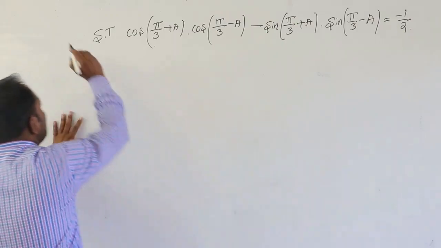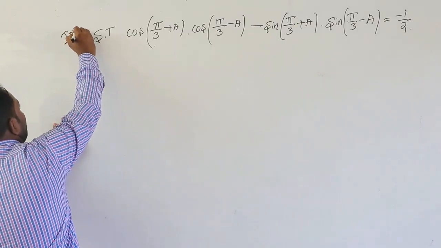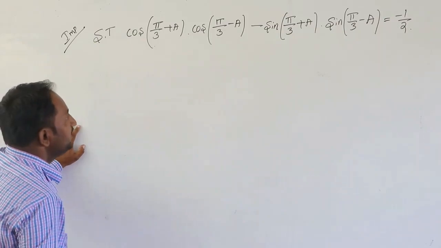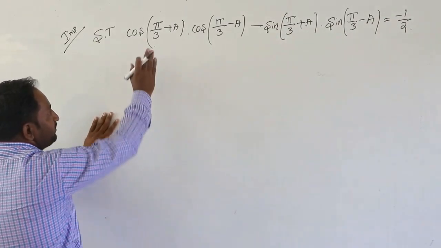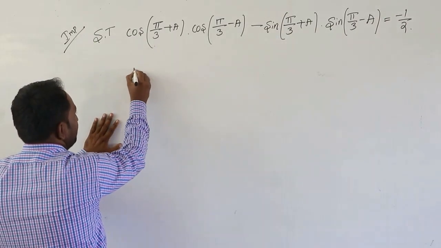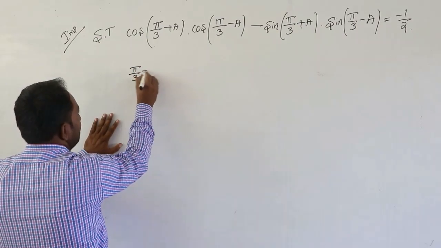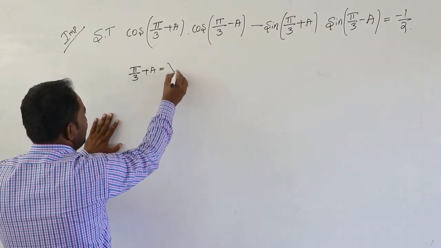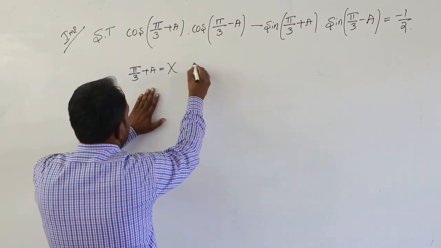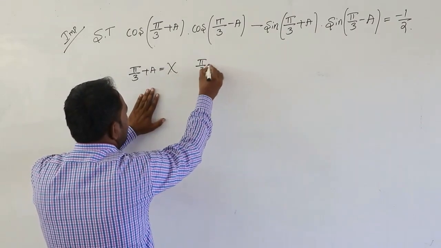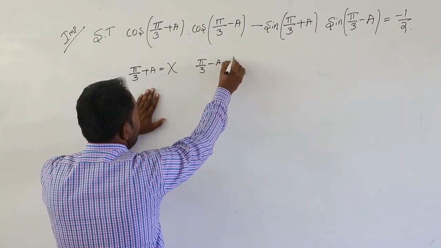Here, this is the important problem we can take. For simplification purposes, we can consider pi by 3 plus a value as x and pi by 3 minus a value as y.